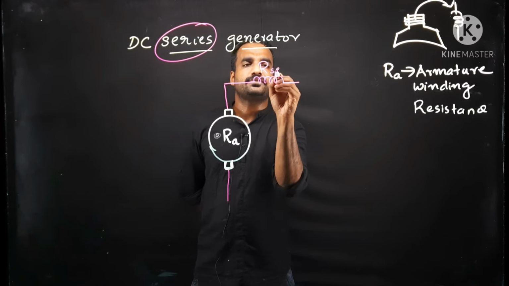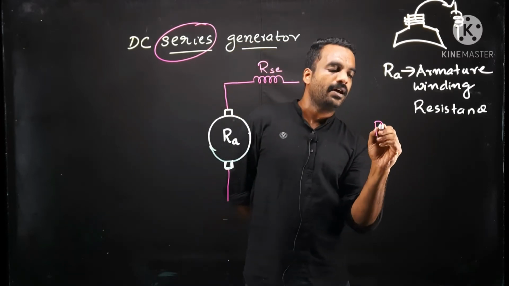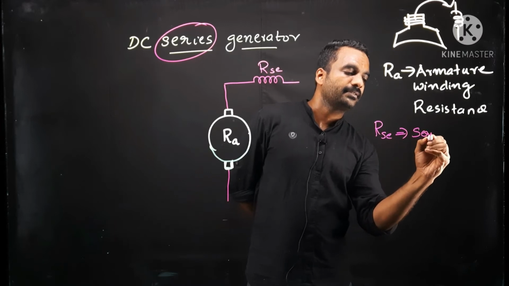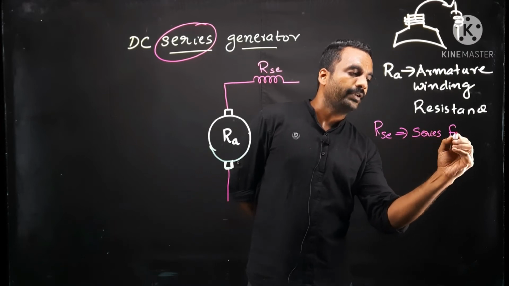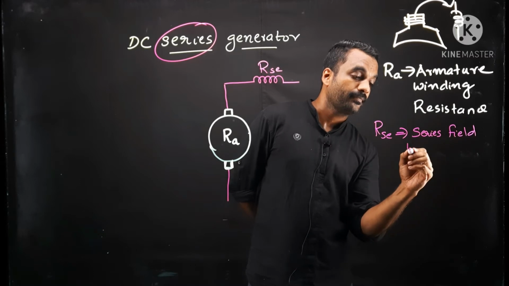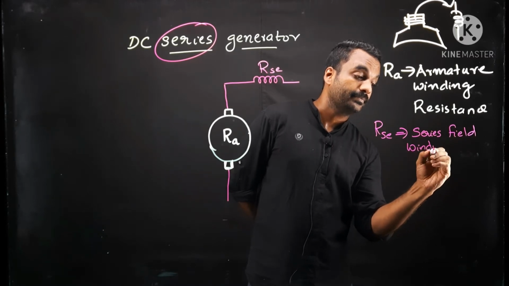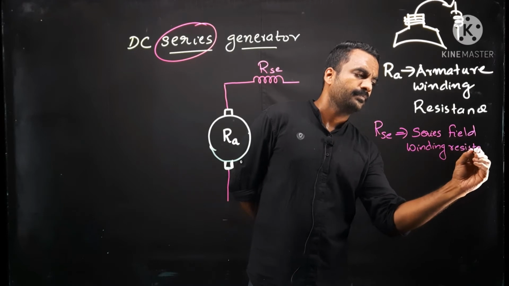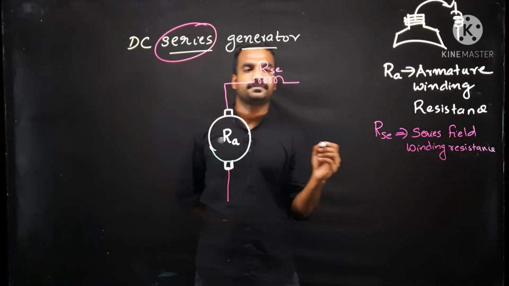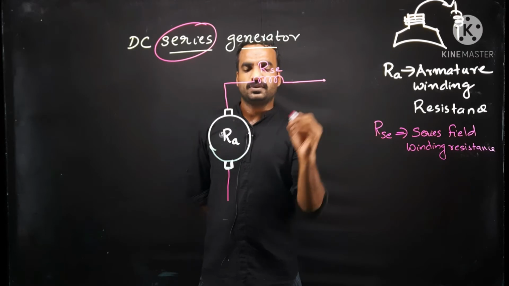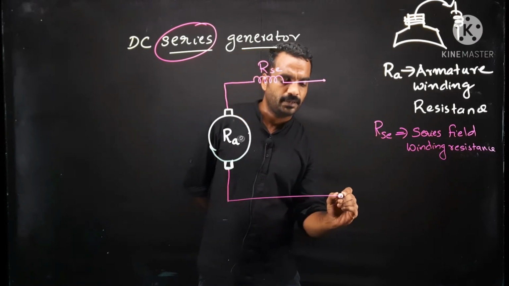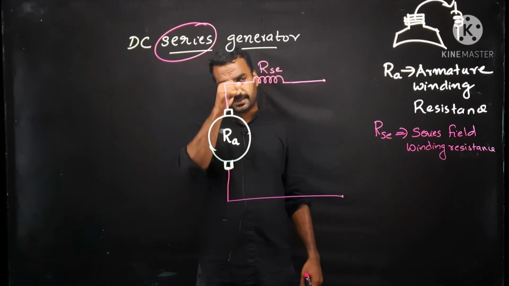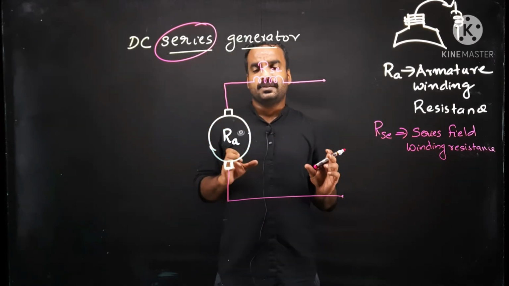As it is a series winding, I will write Rse, series field winding resistance. Now the things are over: armature resistance and series field winding resistance.